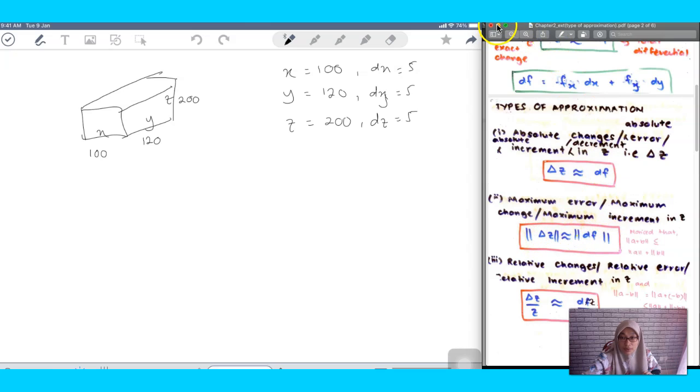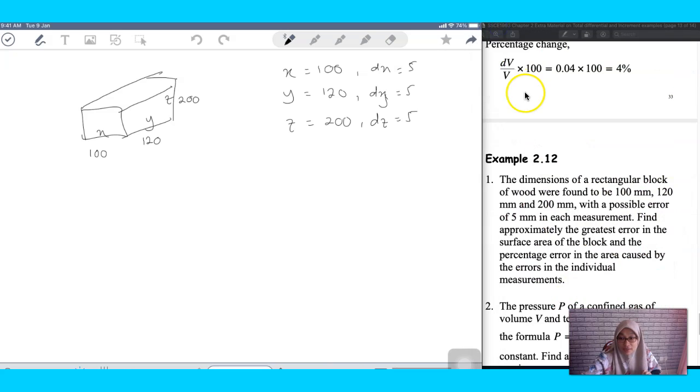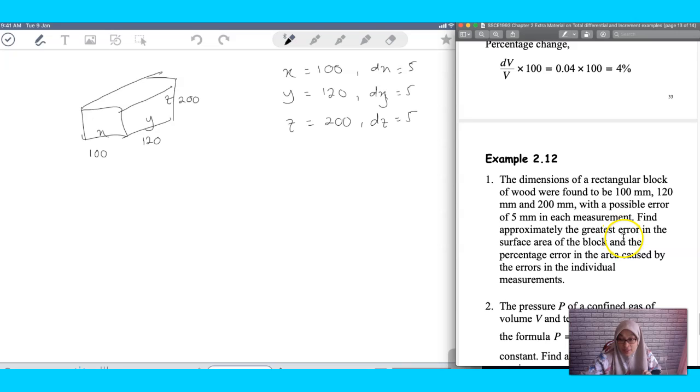Now we want to implement this formula. First, you have to obtain the total differential, and at the same time put the absolute sign because there is the word maximum error in the surface area of the block. We want the greatest, meaning the maximum, error of the surface area.